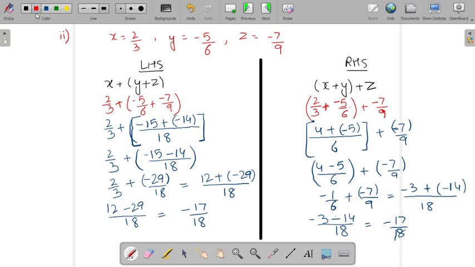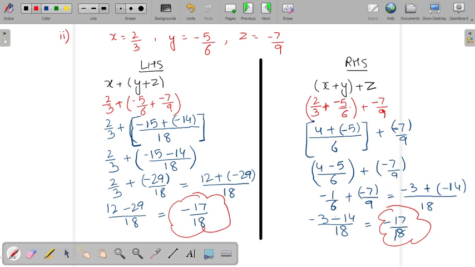So what do you observe? Again we are getting LHS and RHS same. So what should be the next step? How will you end up? Therefore LHS equal RHS, hence verified. Since we are doing the verification, you must write this part also.